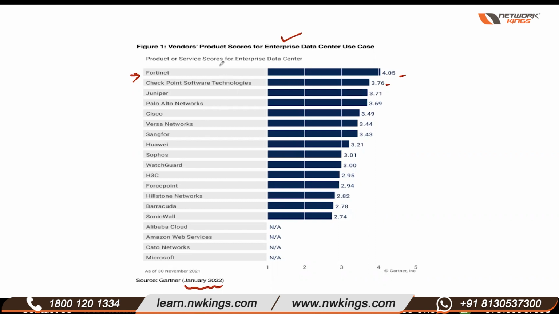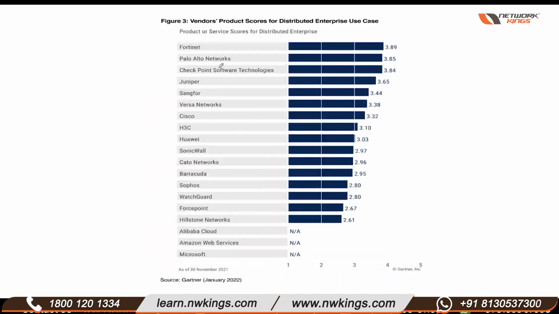It is saying that over all the feedback from enterprise customers, Fortinet is ranked 1. Okay, in all aspects. Not only that, look at Gartner 2022, the latest scores with reference to distributed enterprise. They also think Fortinet is ranked 1.